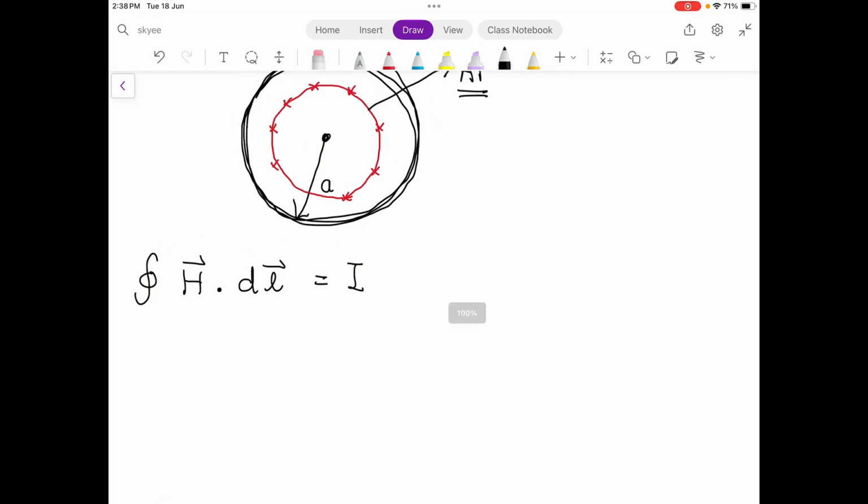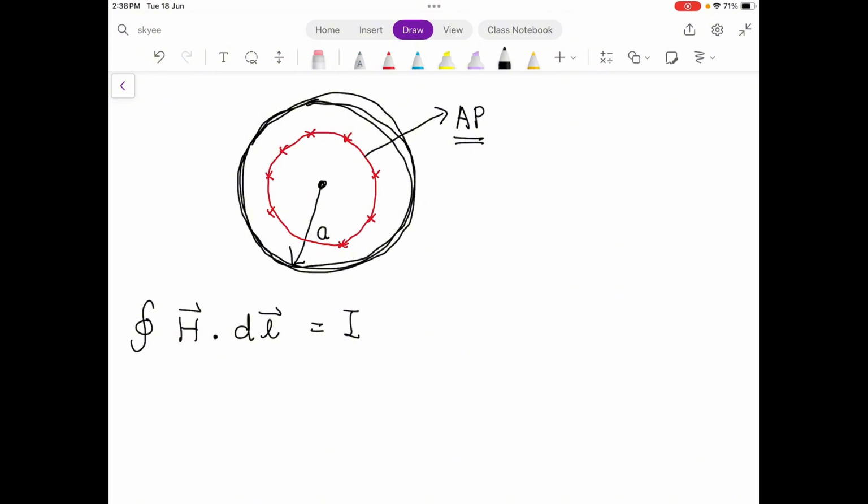If you look at the inner conductor, we want to find the magnitude of the field in the region where the radius is less than A. So the current enclosed by the Amperian path will be less than A. We need to find the current here.